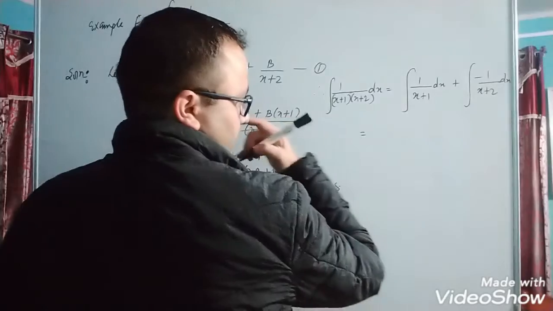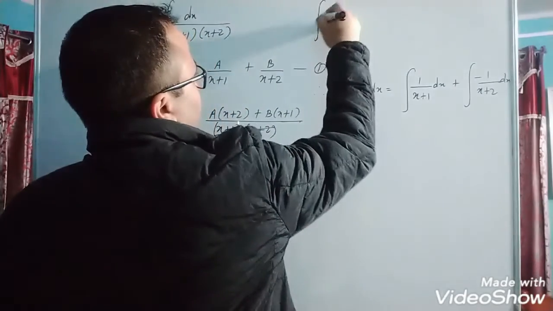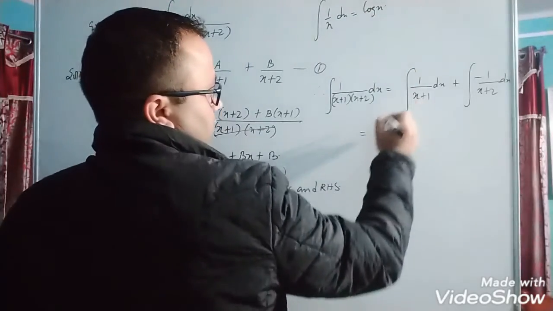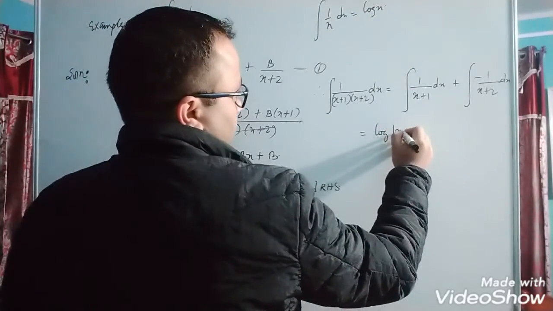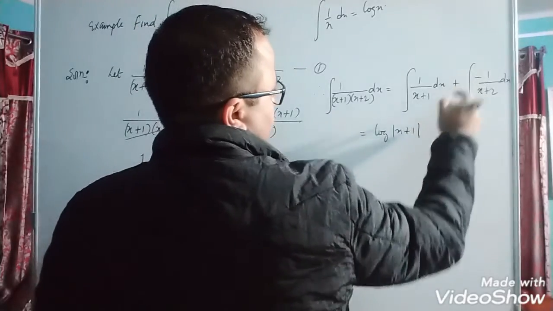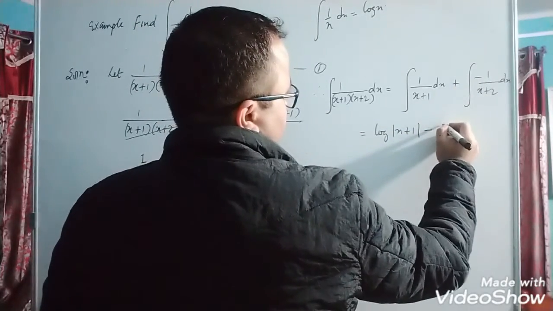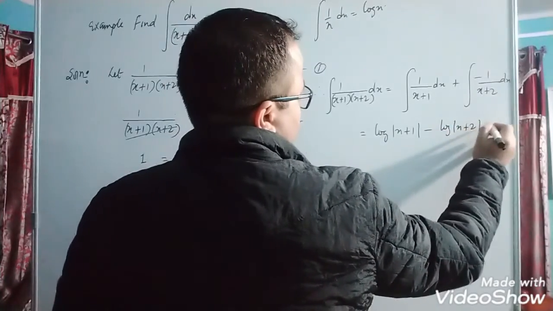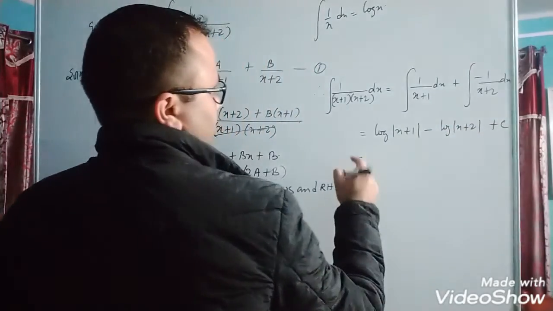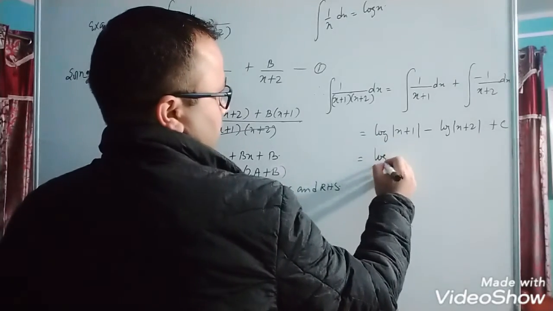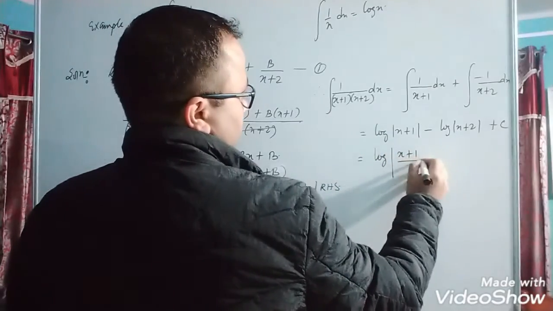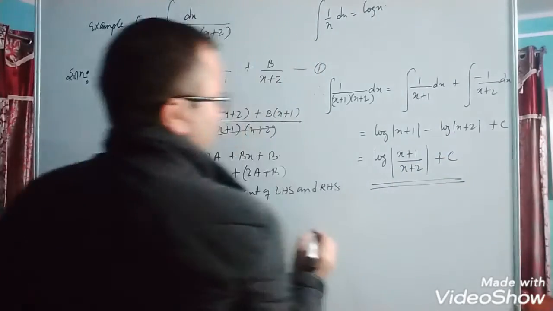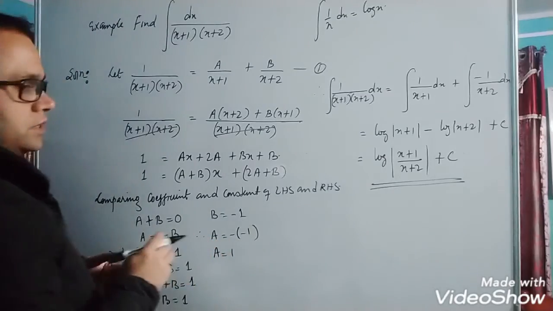This equals, the integration of 1 by x dx is log x, so log of x plus 1, minus log of x plus 2, plus c. We know that log a minus log b is log a by b. So log of x plus 1 divided by x plus 2, plus c. This is the answer of this example.